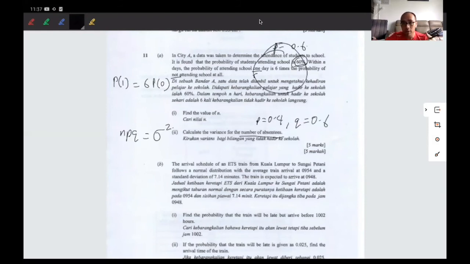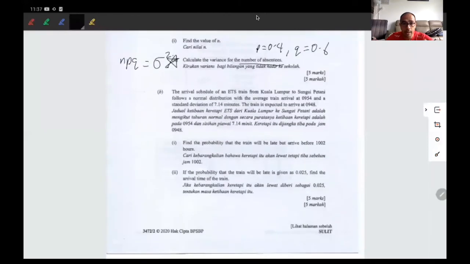But we don't want to know the variance for the people who are attending school. We want to know the variance of the people who are absent. So you have to switch the P and the Q around. So P is 0.4 and Q is 0.6, because it is the people who are not attending school. Be very careful with this. This is a good trick question.